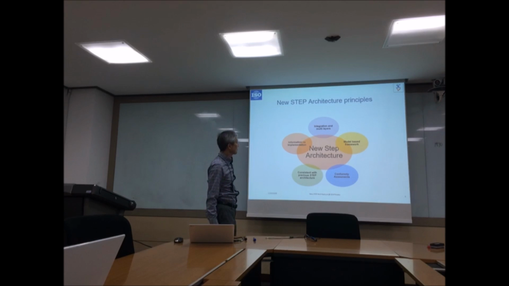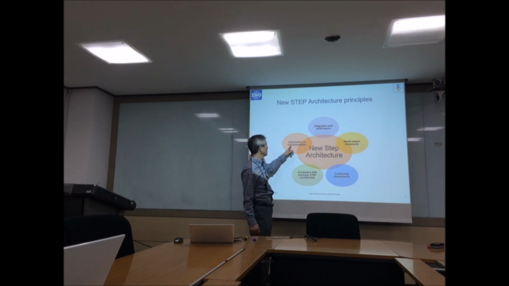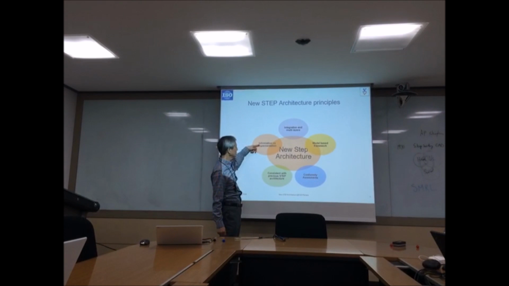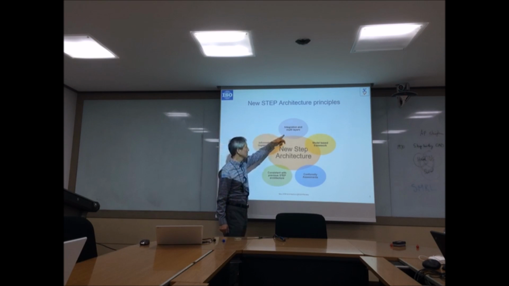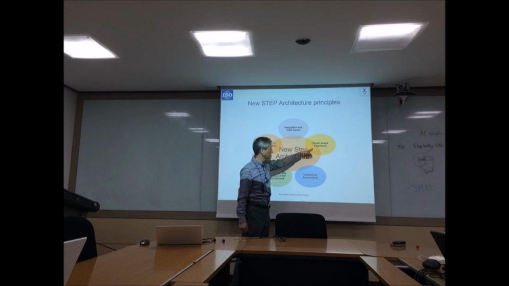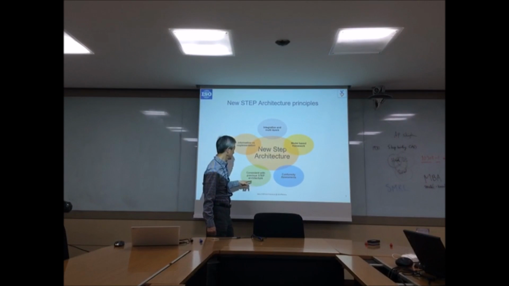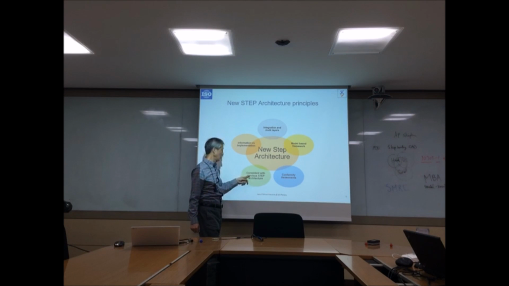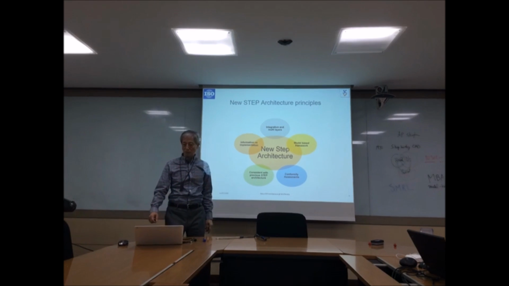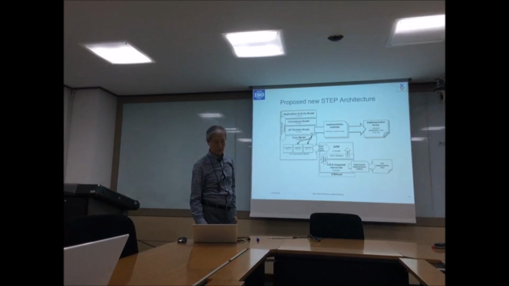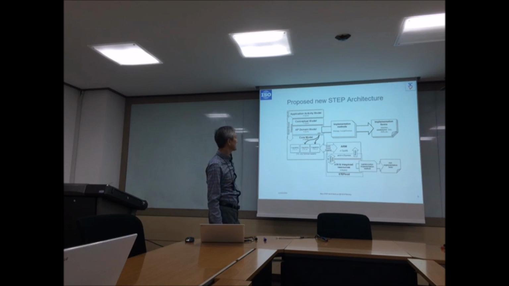And the new STEP architecture also has information and implementation as important. Integration and multi-layers, model-based framework, and conformance classes, and the previous old STEP architecture should be consistent together with it, because it's a new one. So that the same picture is once again coming.